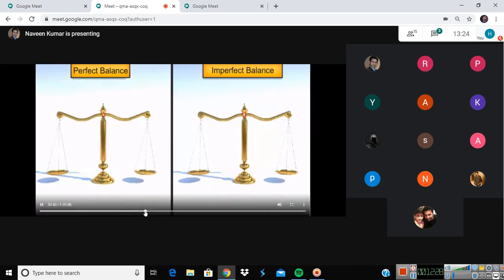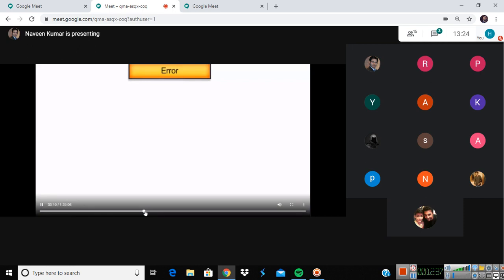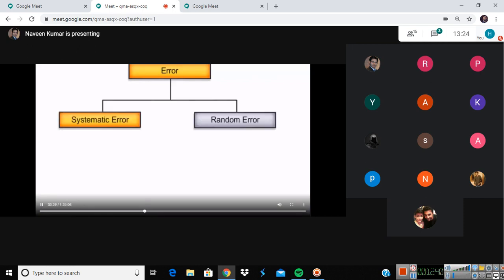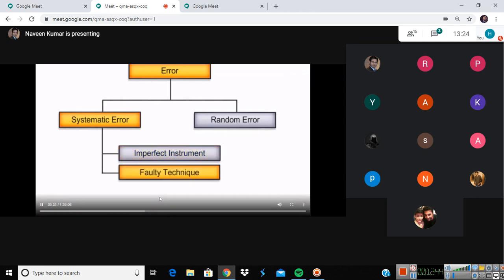Such errors are known as instrumental errors. So these are the systematic errors: imperfect instrument, faulty technique, or incorrect process.